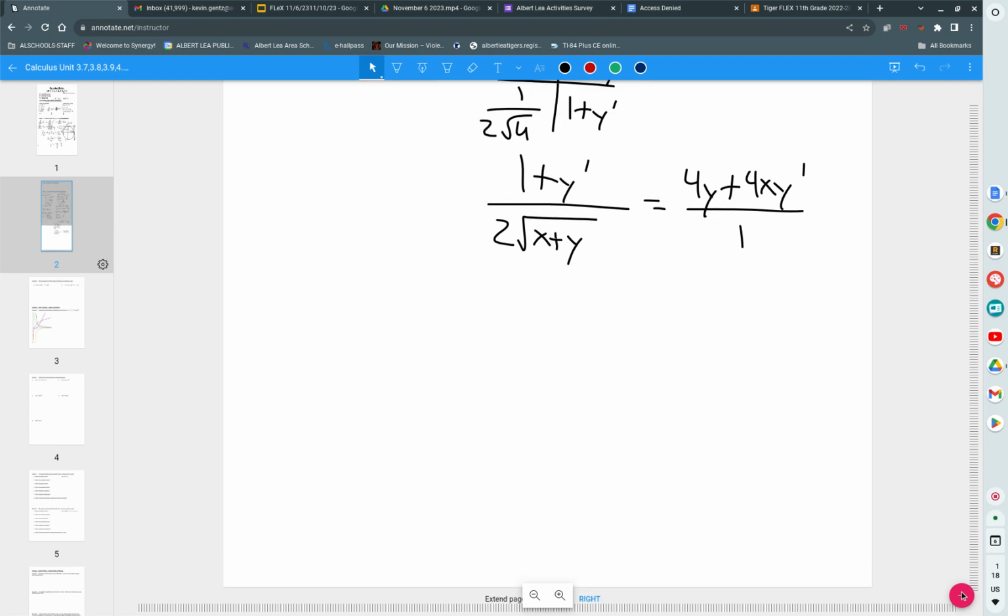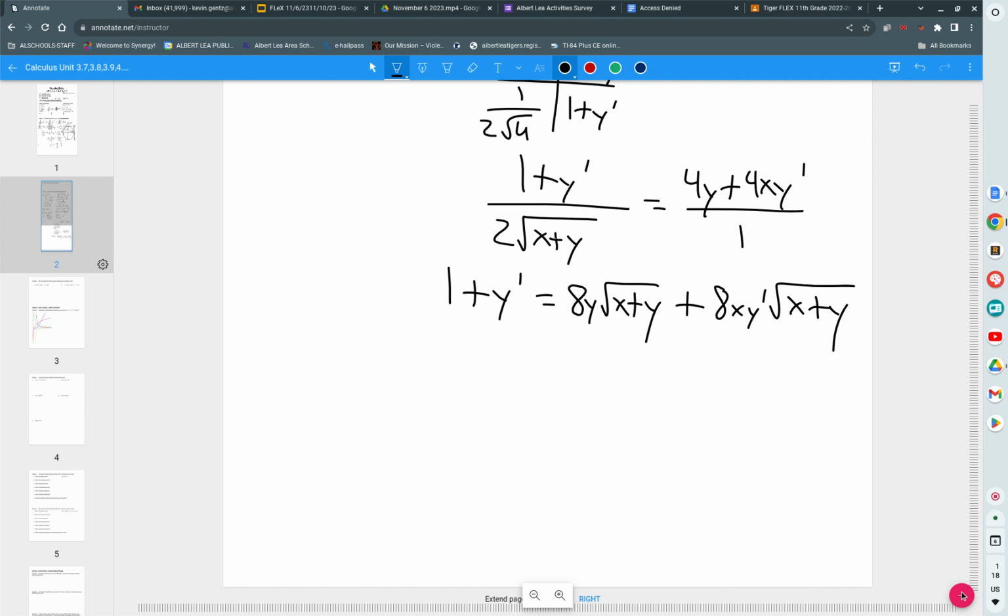So 1 plus y prime is equal to 8y roots of x plus y plus 8xy prime roots of x plus y. And from there, we just gather and factor and solve, right? For the sake of time, can we just let that go right now? Everybody knows what to do from there.